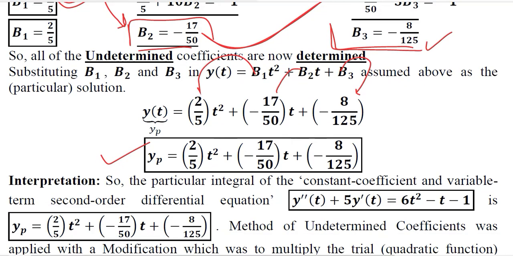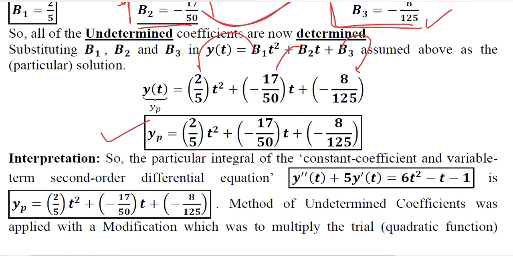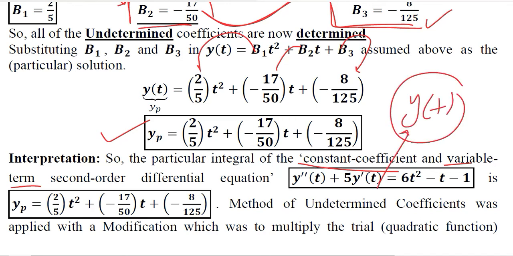So now we have the solution of the given differential equation, which was a second order differential equation with constant coefficients but variable term, and that variable term was not the usual case because the y(t) term was missing in the given differential equation.